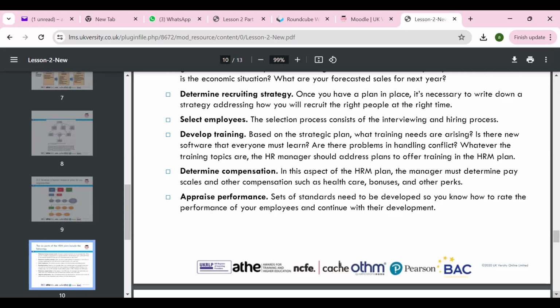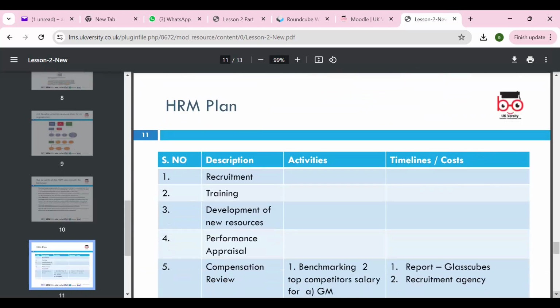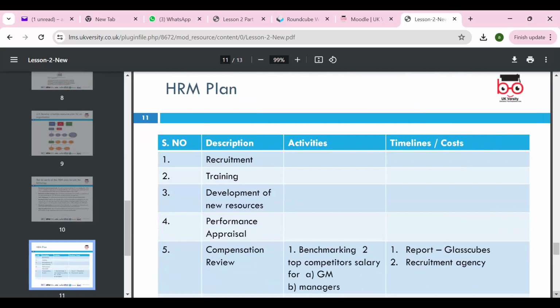Appraisal of performance: set the standard, rate the performance of employees, and provide continuous development. The HR plan should cover key recruitment, training, development, new resources, performance appraisal and compensation review activities.